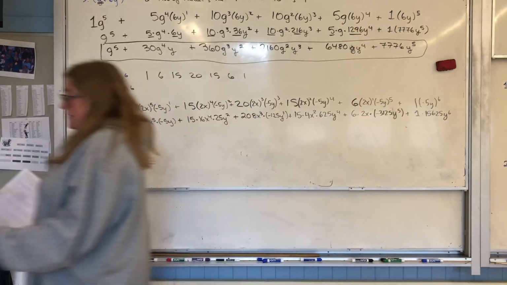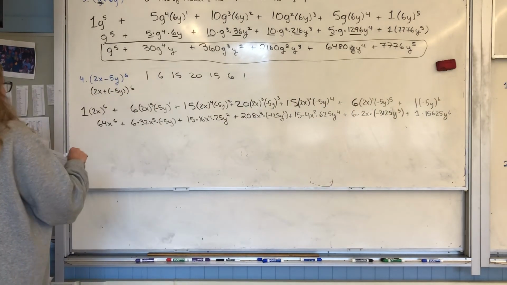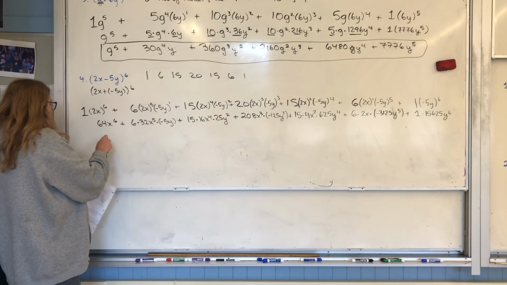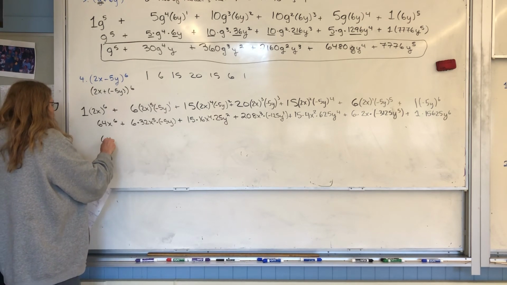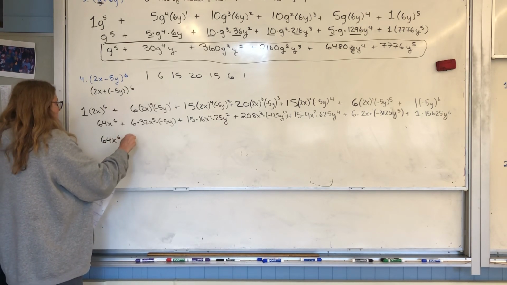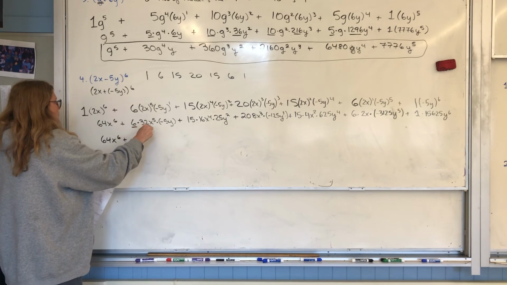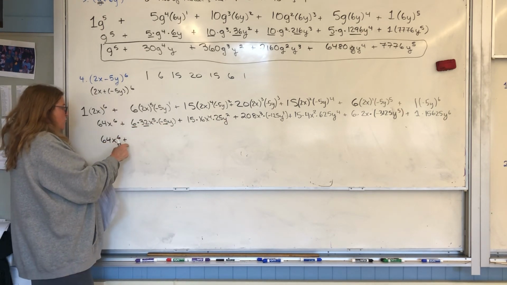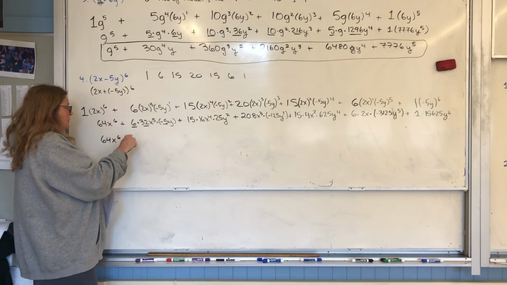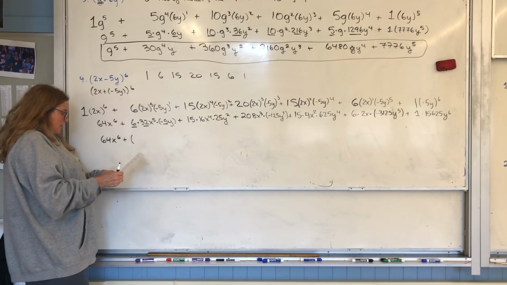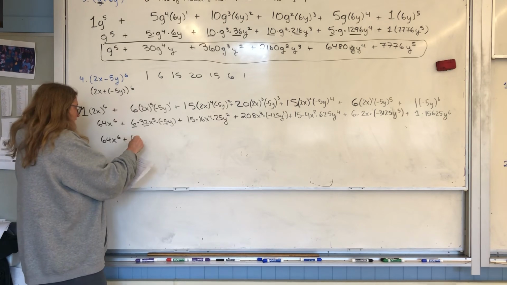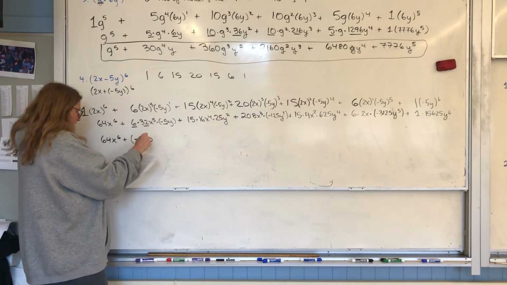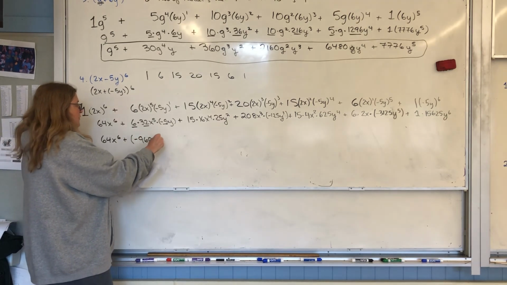Okay, so we're almost done. This is 64x to the 6th. Here I'm going to multiply 6 times 32 times negative 5. Do you guys see what's going to happen? This is actually going to be negative, negative 960 x to the 5th y.